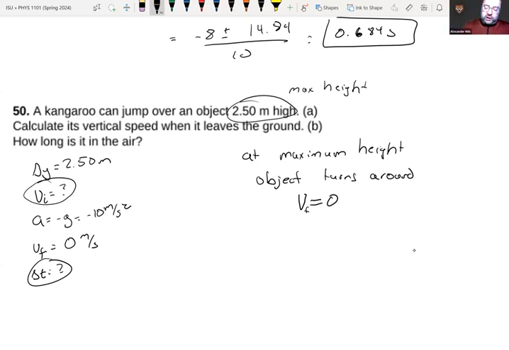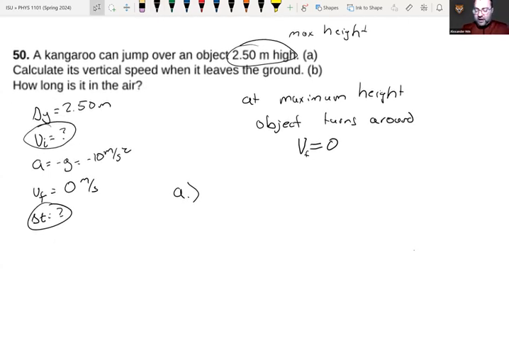From there, what we want to do is find v sub i. I think the easiest way to do that is with the fourth equation: v final squared equals v initial squared plus 2a delta, in this case delta y, not delta x.